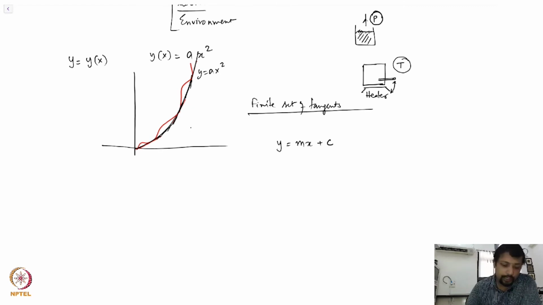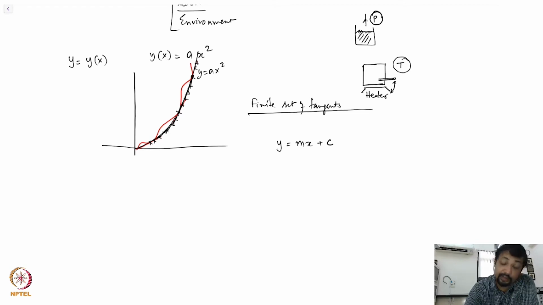If I specify the tangents only at these 3 places, then it's not possible to reconstruct the function, because the red and the black curves have identical tangents at these points. But if I can specify it at 3 points, I can specify it continuously at all points on the curve, and then there is no ambiguity.